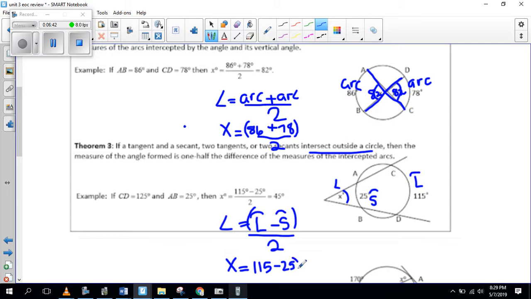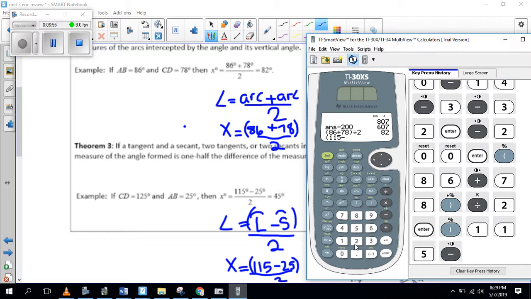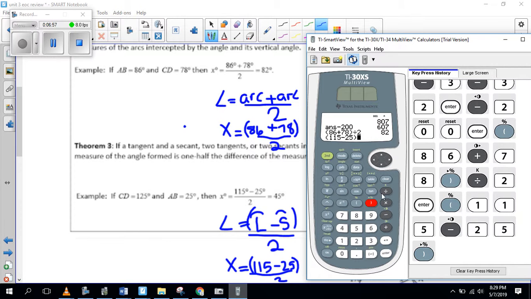I'm going to make sure I put these in parentheses, and we divide by 2. And then we're going to put this in our handy dandy calculator. So we do 115 minus 25, and then divided by 2. And we get 45.